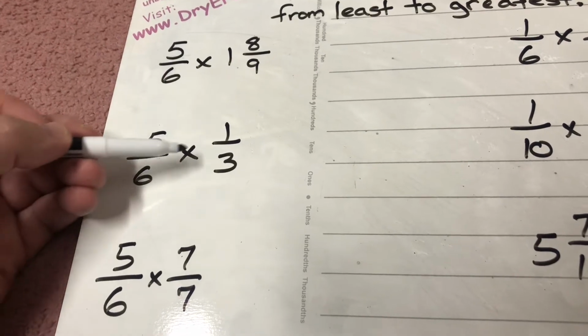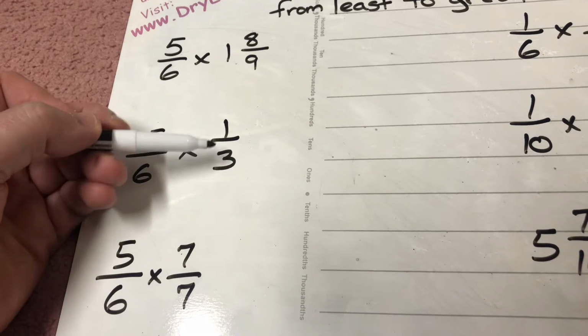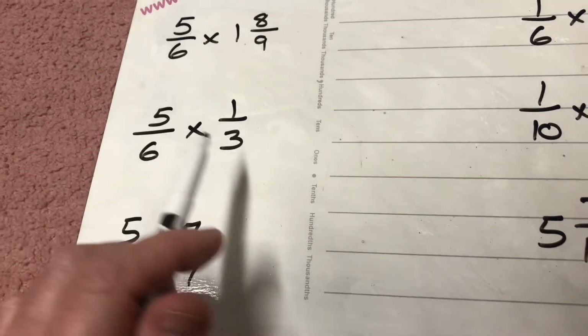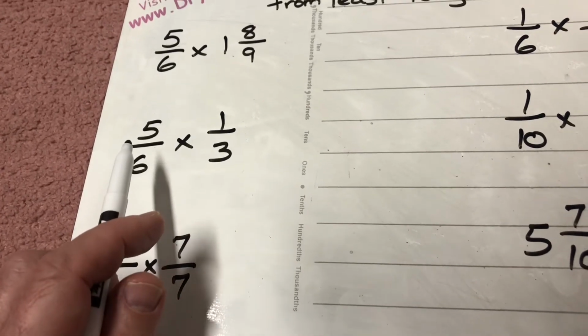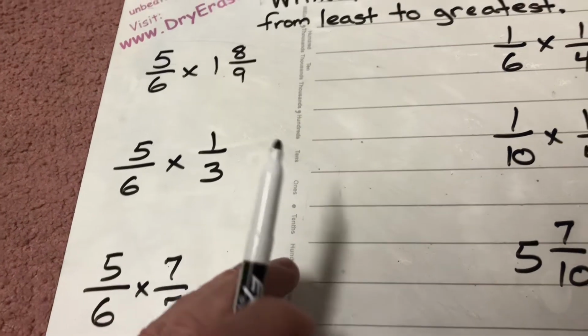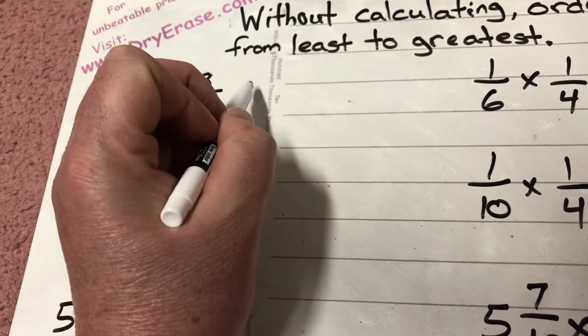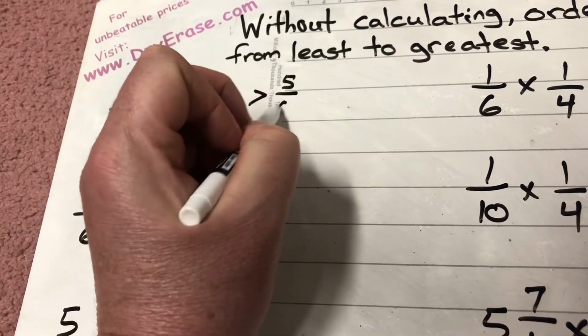Well, 5/6 times 1/3, I'm taking the 5/6 and multiplying it by a fraction in proper form, a fraction that's less than 1. So my answer here is going to be less than 5/6. So we can make some notes here. Here my product is going to be greater than 5/6.